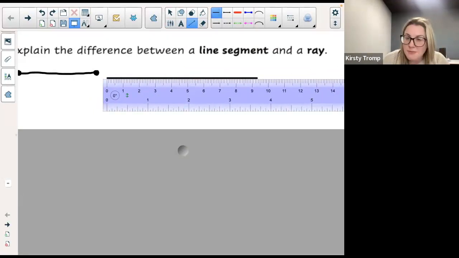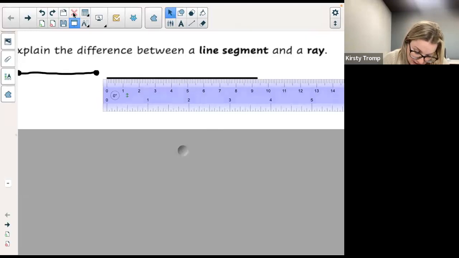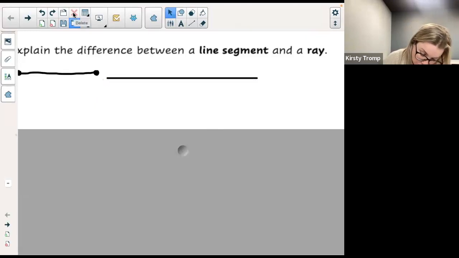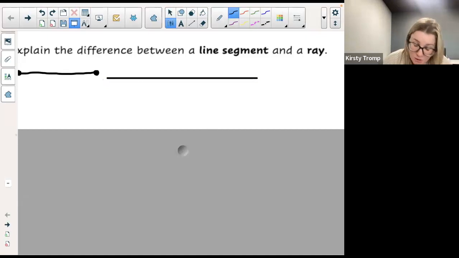On my line segment, I must make sure I have a start point. I normally draw my start point with a dot, and I draw my end point with a dot. So a line segment has a start point and an end point. If you forget to draw the dots, it's not a train smash, but normally a teacher likes to see that you have drawn a line segment with a start and an end.